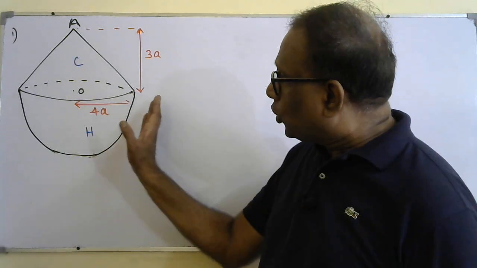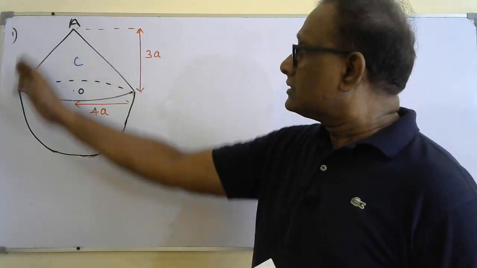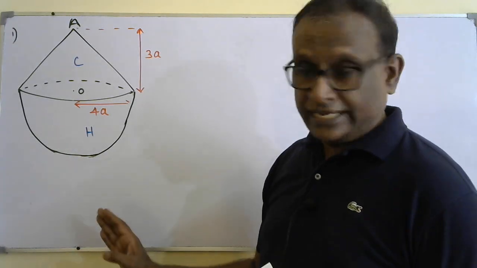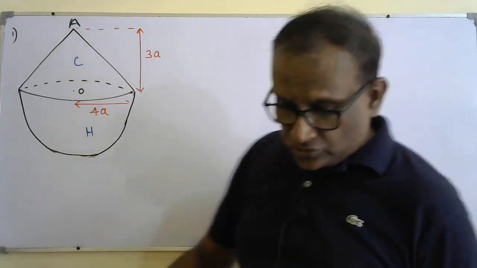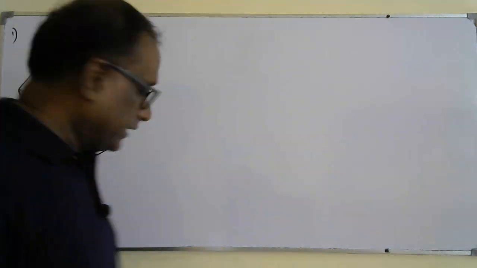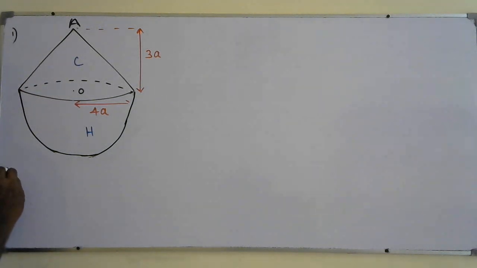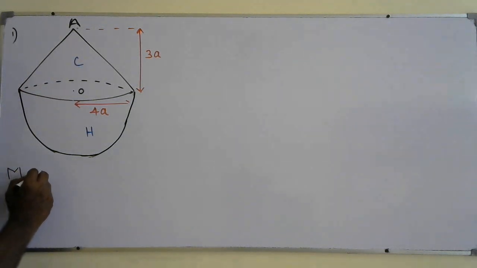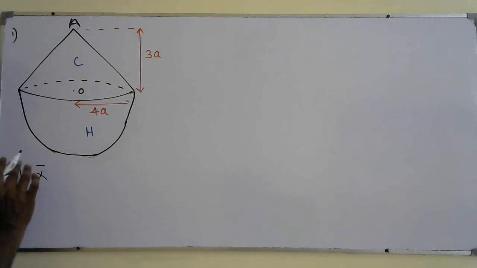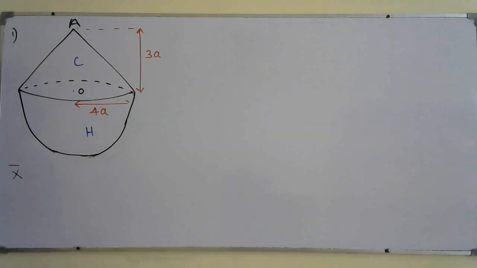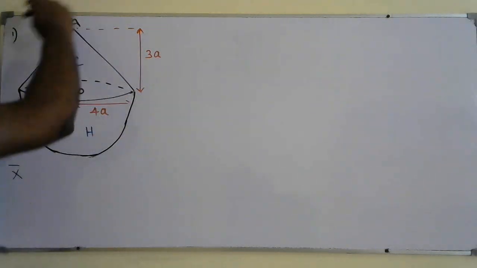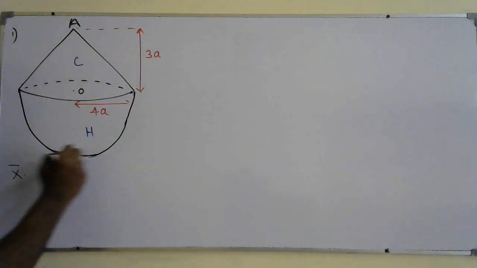Now the whole object has its center of mass at a distance of 4a from A, they have given. So we can find the total mass and the center of mass of the system. The approach is: m times x bar, where x bar is the distance of the center of mass of the whole system and m is the mass of the whole object.